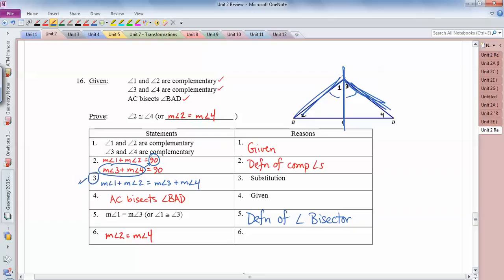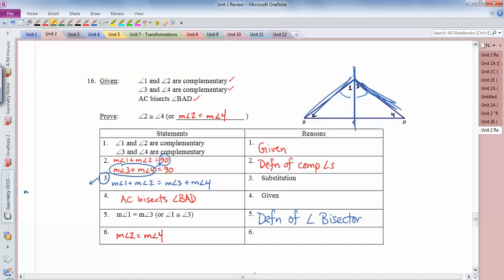Here's step 3, m1 plus m2 equals m3 plus m4. And then I'm going to write step 5 right below it here, m1 equals m3. And then notice step 6 is m2 equals m4, measurement of 4.